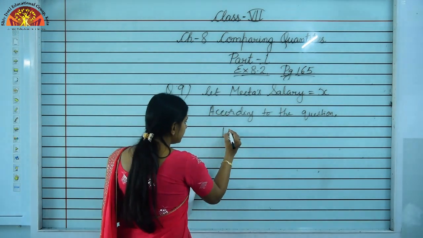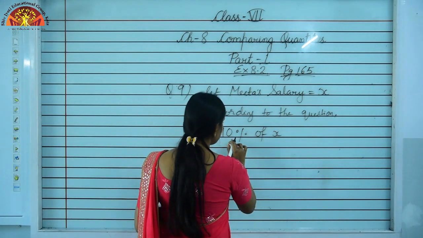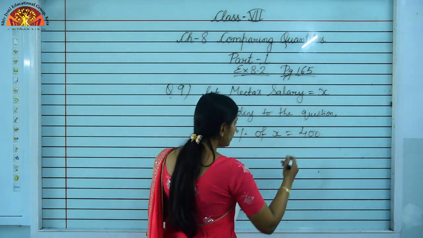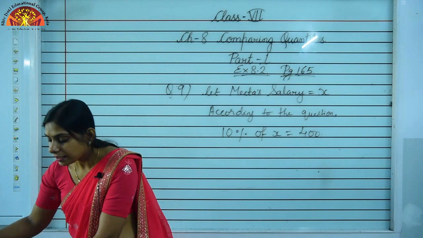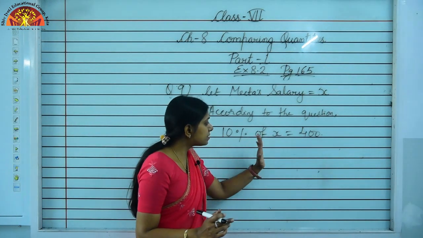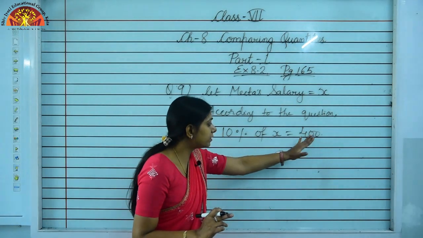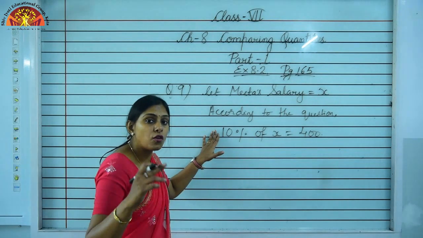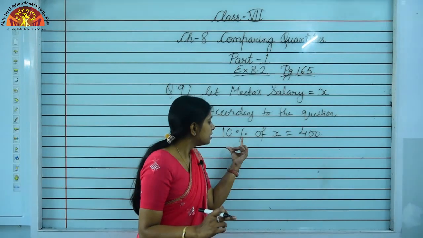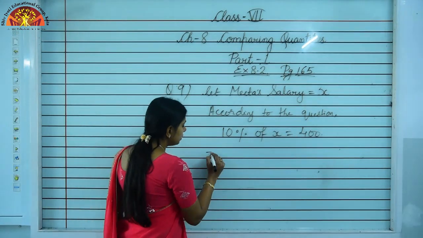That means 10% of Meeta's salary is equal to rupees 400. What is given is that whatever amount she is saving, it is 10% of her salary. How much amount is she saving? Yes, it is rupees 400, and that amount is 10% of her salary. So what did we assume the salary to be? We have assumed the salary as X. So 10% of X is equal to 400. Now we can solve the question.